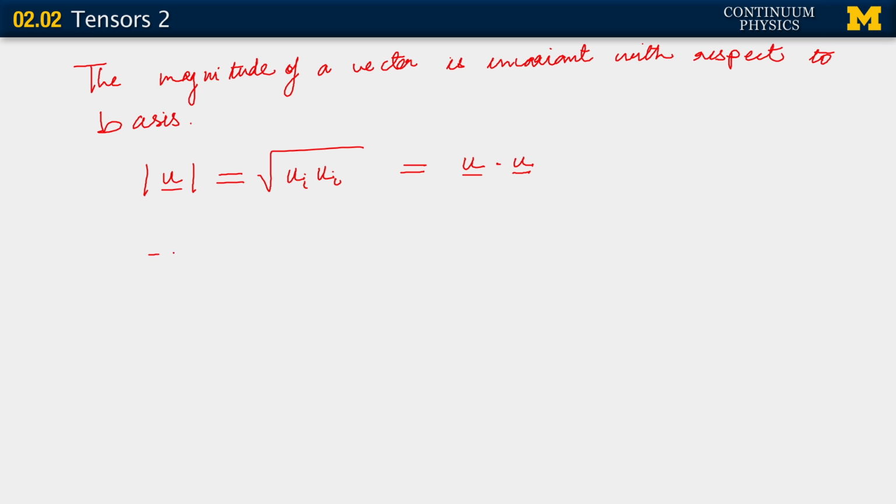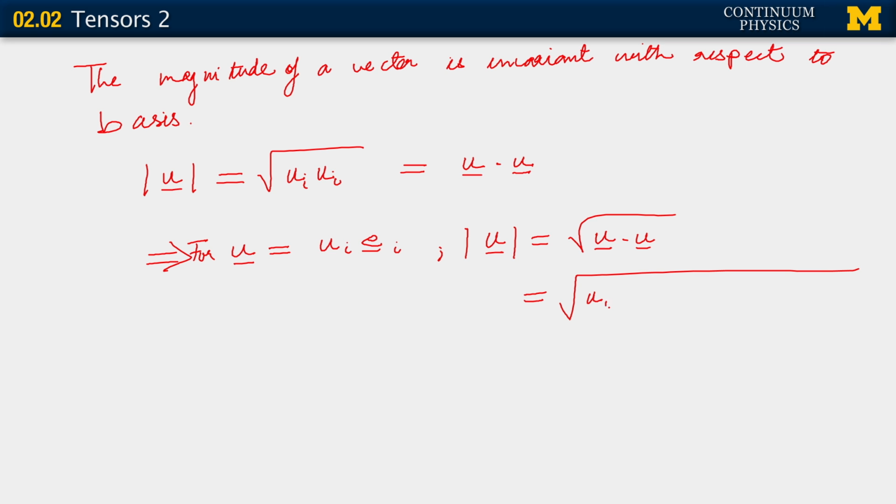What this implies now is that if we write u as u_i e_i, we know then that the magnitude of u, which is the square root of u dot u, can be written again as the square root of u_i e_i dotted with u_j e_j, right?